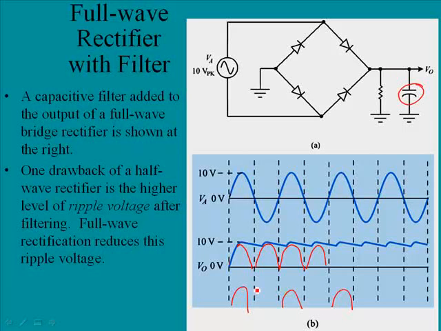Remember, in a half wave, we charged to the peak value, and then it had this much time to discharge. Now, in a full wave or a bridge, the time to discharge is half of that. So what you end up with is a more pure final output.